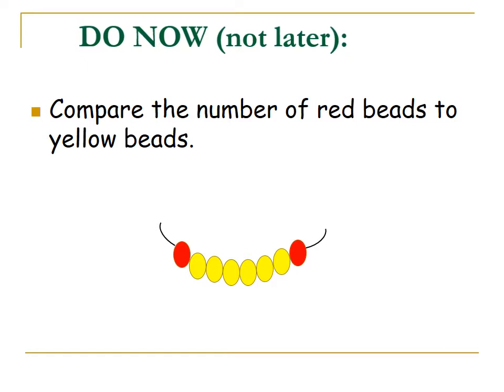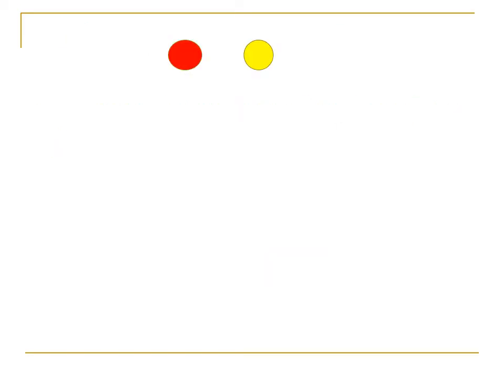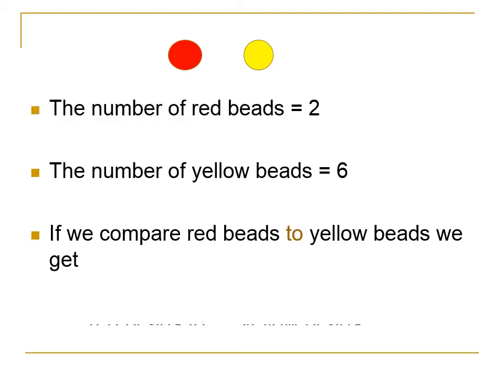Now, I want you to compare the number of red beads to the yellow beads. How will we compare the red beads to the yellow beads? First, you have to know how many red beads we have. The number of red beads equals 2 and the number of yellow beads equals 6.